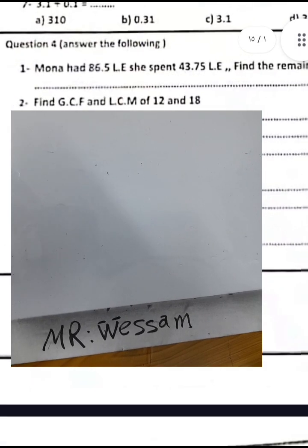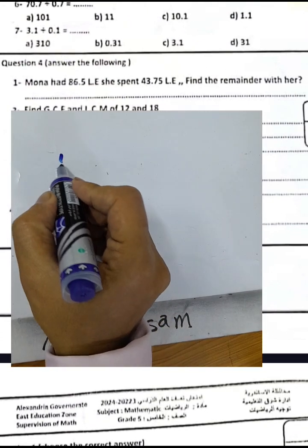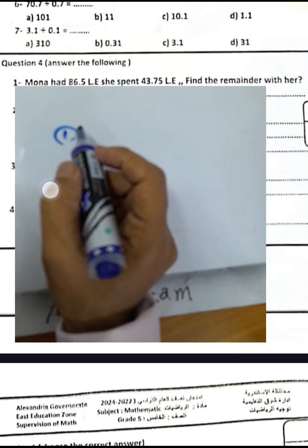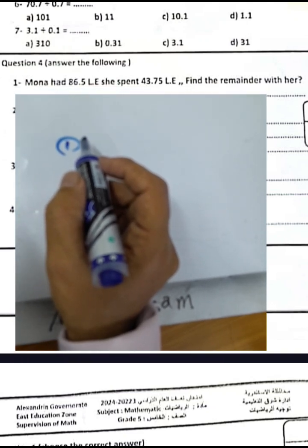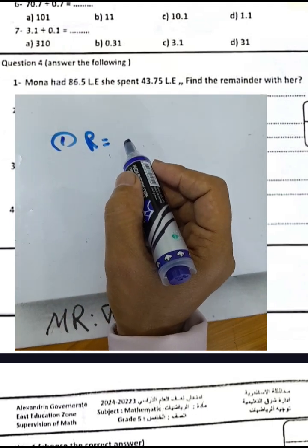We have here question number 2. Look at number 1. Moon had 86.5 Egyptian lira. She spent 43 and 75 hundredths Egyptian lira. Find the remainder with her. The remainder will be the difference between the two numbers.